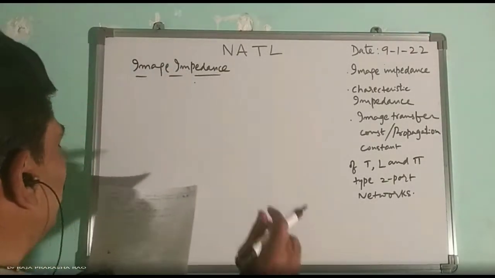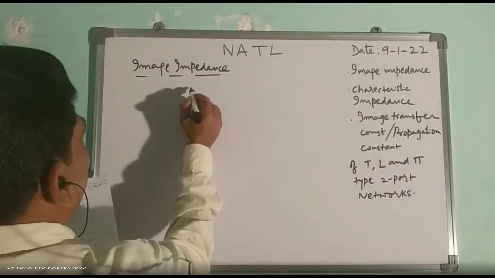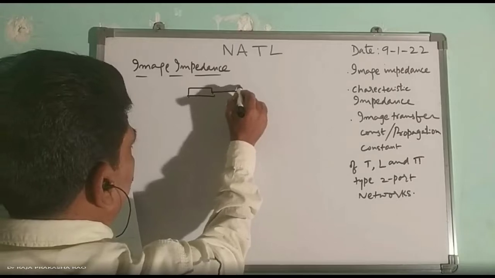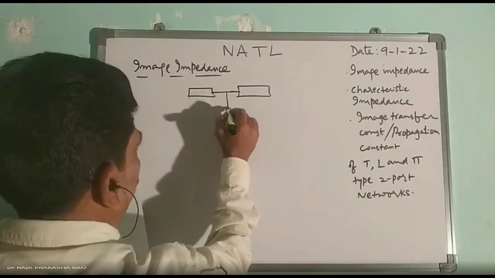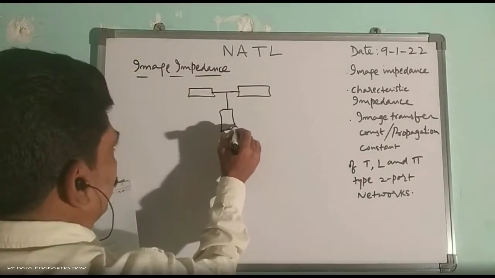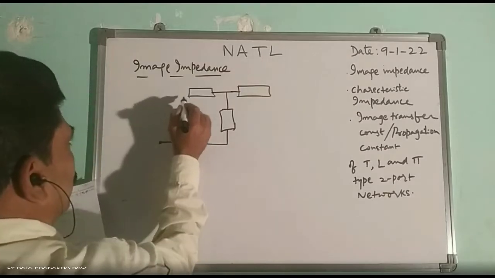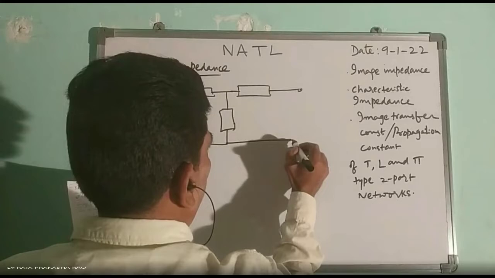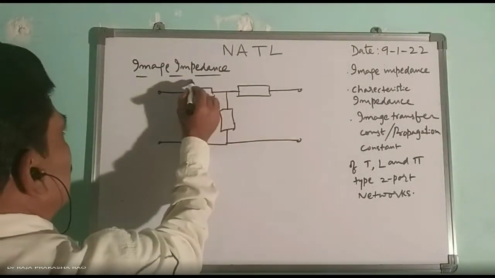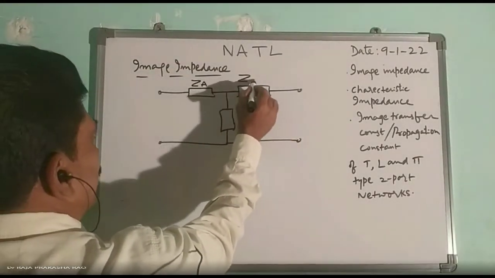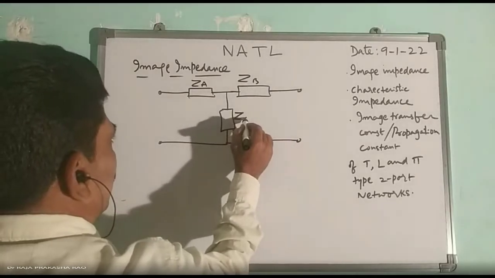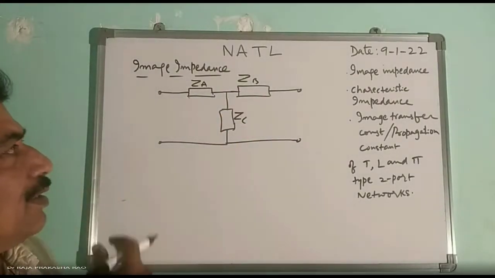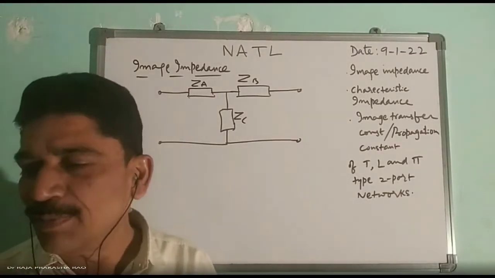So let us consider a T-type network now, having three impedances. Let these be ZA, ZB, and ZC. They are in the form of a T, if you look at that figure, a T shape.